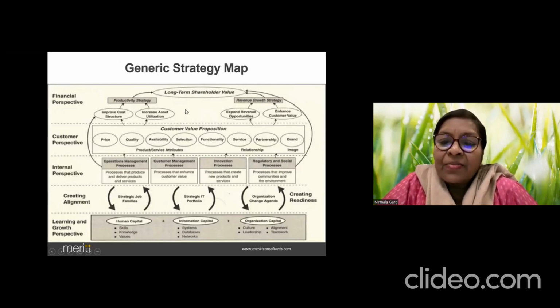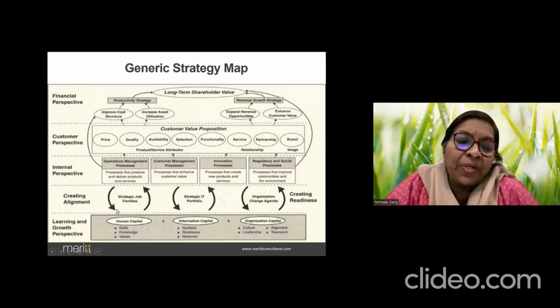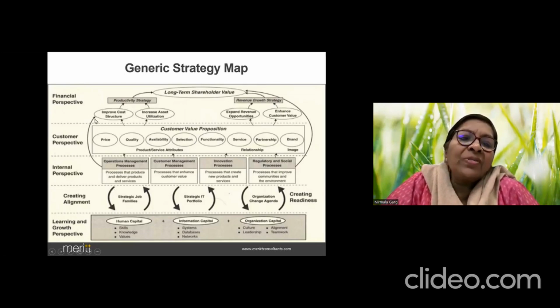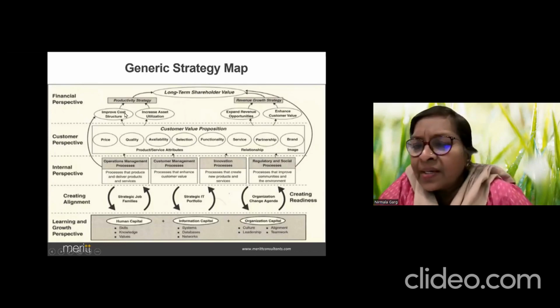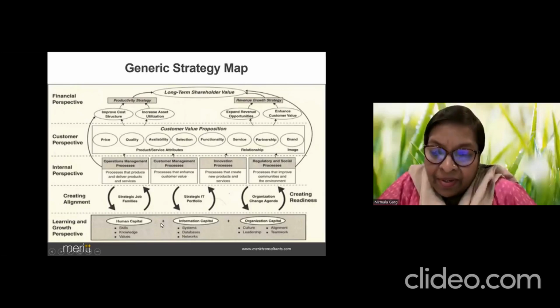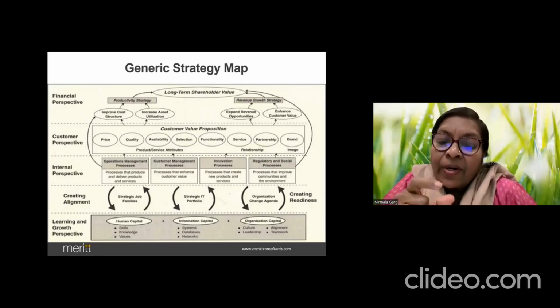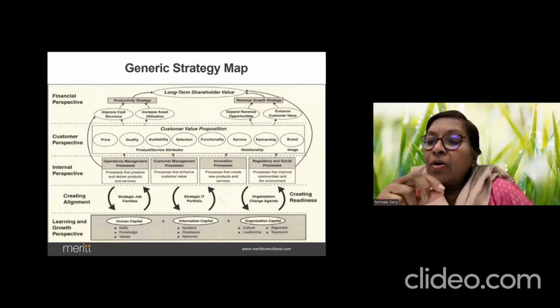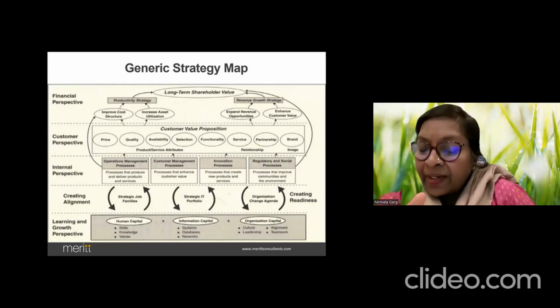Now, what is a strategy map? If you can see visually, you can see certain arrows directing towards certain oval circles. So what do they indicate? They indicate what I call cause and effect.